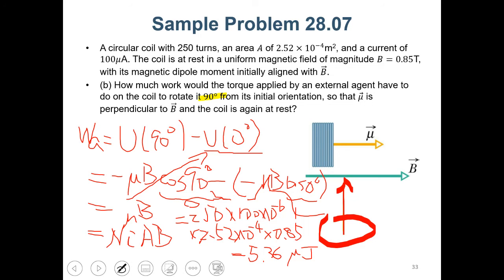Because you can imagine there is some potential energy if you make it perpendicular to the B field, and if you just release it, then you have the B field like this, and then this coil is perpendicular. You consider it as a coil rotating this way, rotating this way.